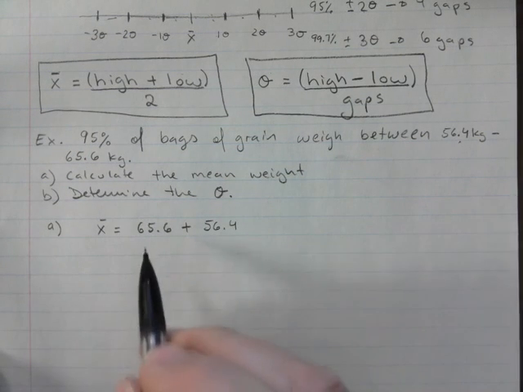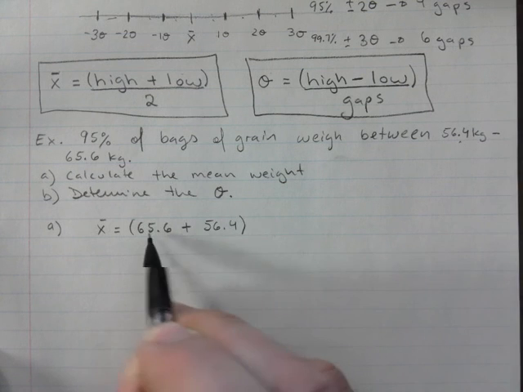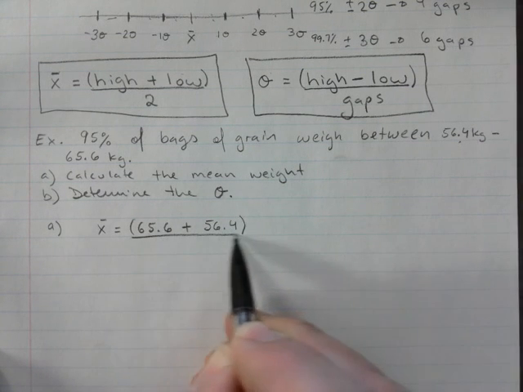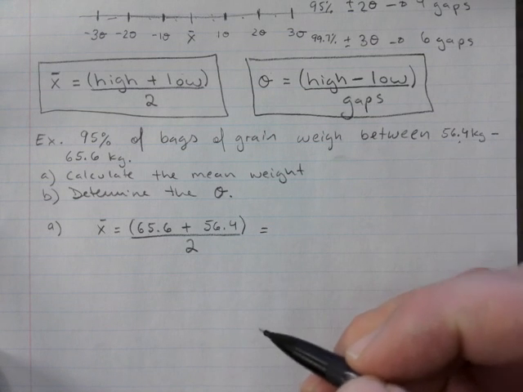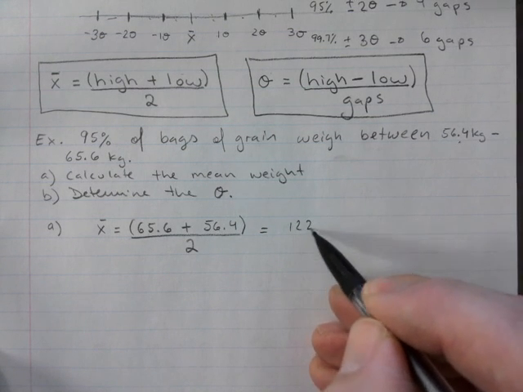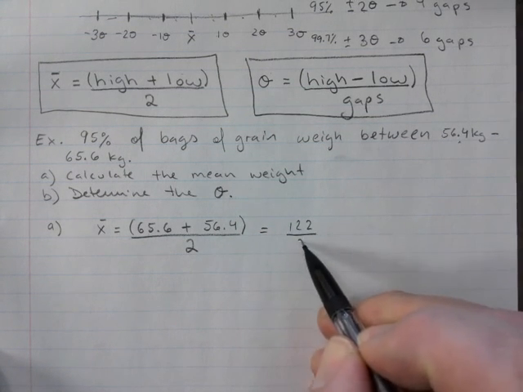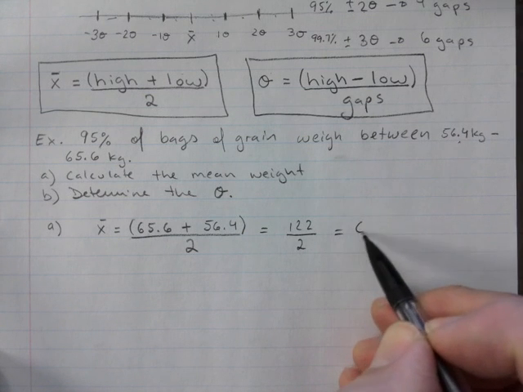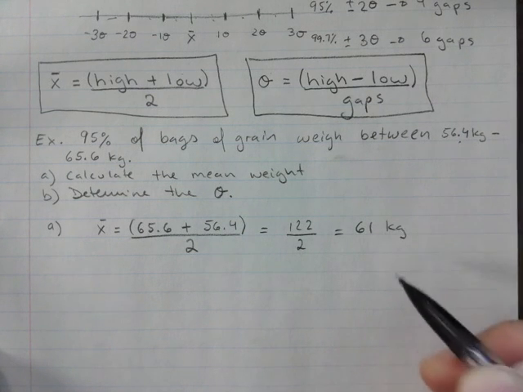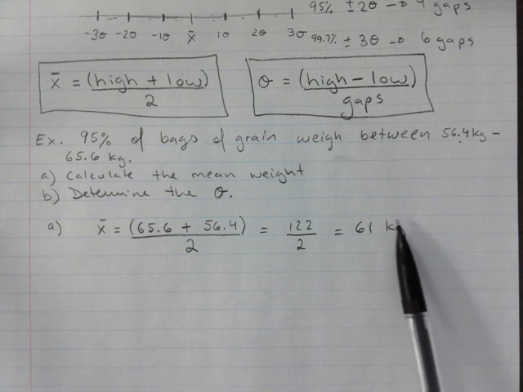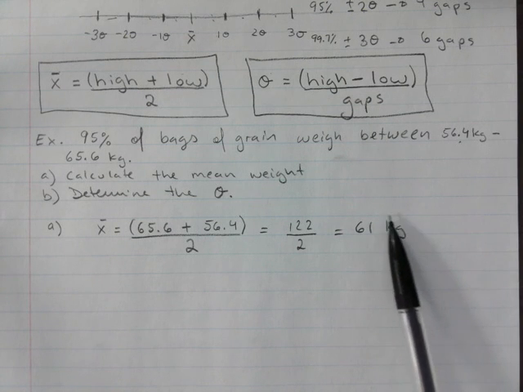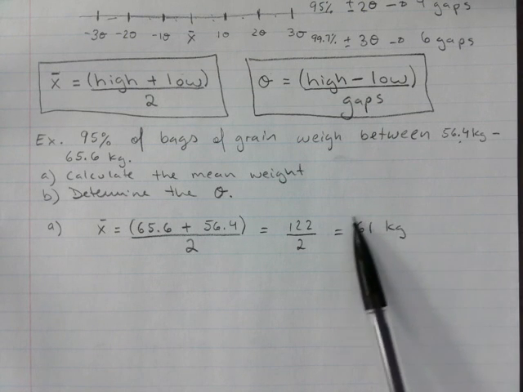They're 2 standard deviations, so we can add these up and divide it by 2. And that gives you 122 divided by 2, which is 61 kilograms. So if you were to graph your curve, your normal distribution, this is the number that would be in the middle. Okay?